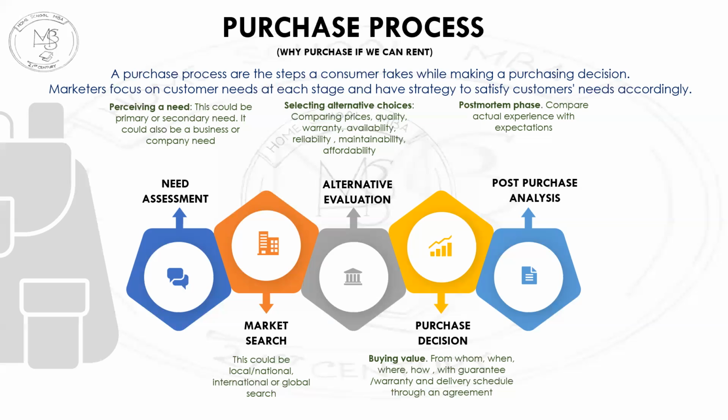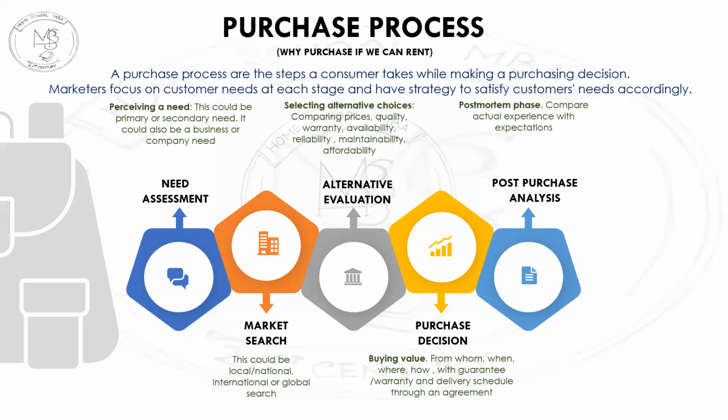And then we go to step number four, that is purchase decision. Now, this is the most important stage when you have to take a decision. This decision can be an individual decision, and it can be a collective decision. It can be a decision of a committee, or a decision of the board of directors, or just the decision of the chief executive.